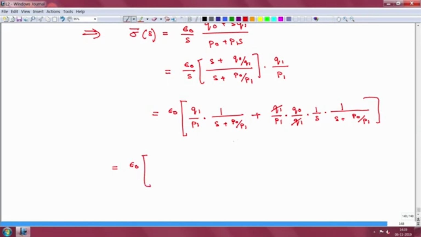So, this part I have already gotten in a form which I can easily take the Laplace inverse of. If you look at the tables of the general Laplace functions, you know that we can easily take the Laplace inverse of this. So, this first part we will leave as it is. We still have to simplify the last part a little bit before we can take the Laplace inverse.